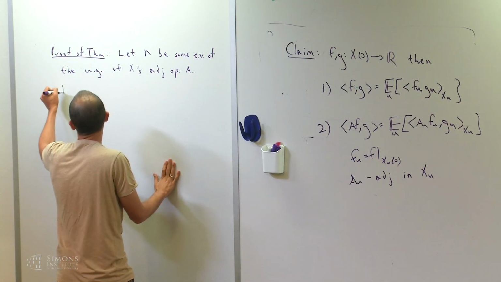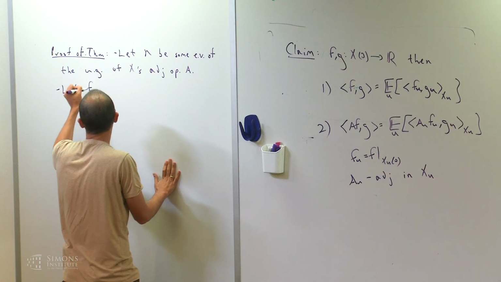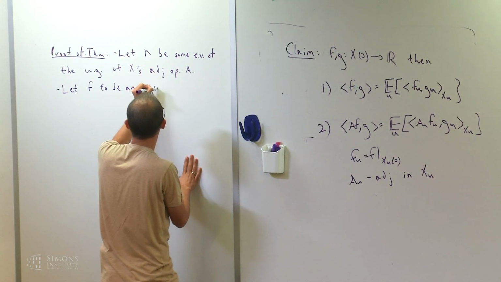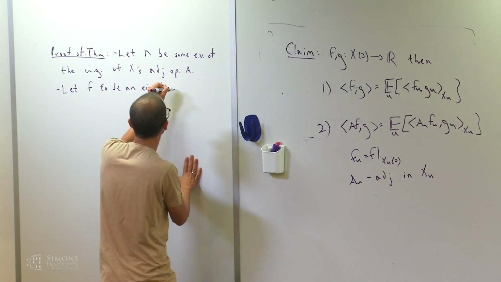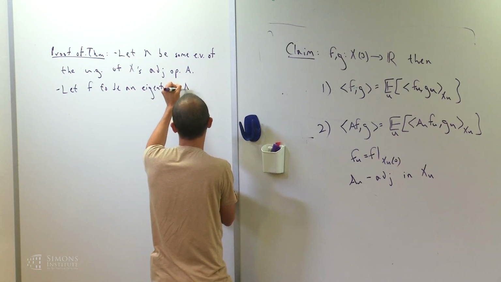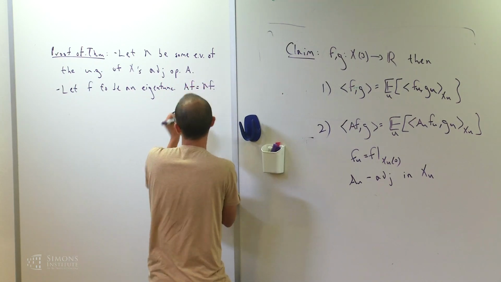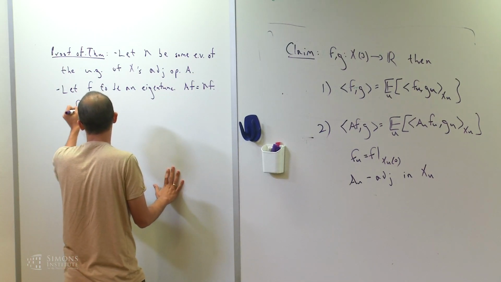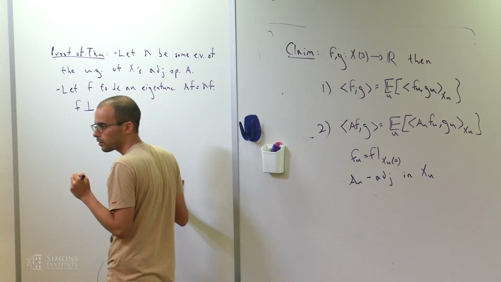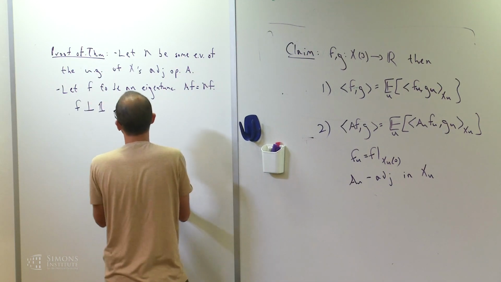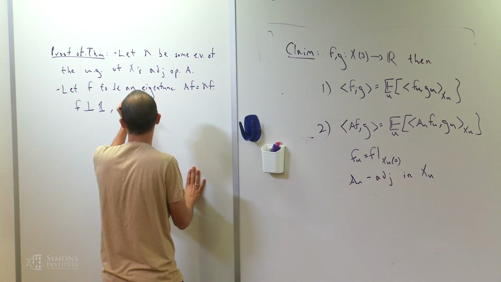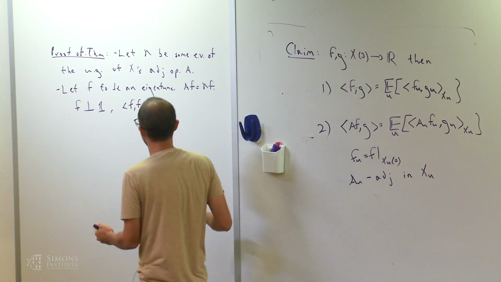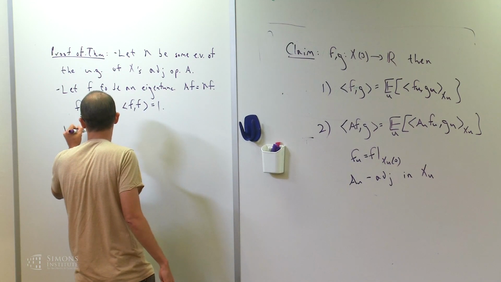And let's take F to be an eigenfunction corresponding to this gamma. And what we saw in Irit's talk is that without loss of generality, we can request that F will be perpendicular to the all ones function. And another thing that I want to assume is that F is normalized, its norm is 1. So what do we need to show?